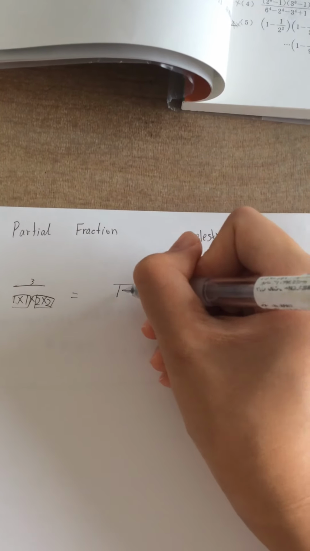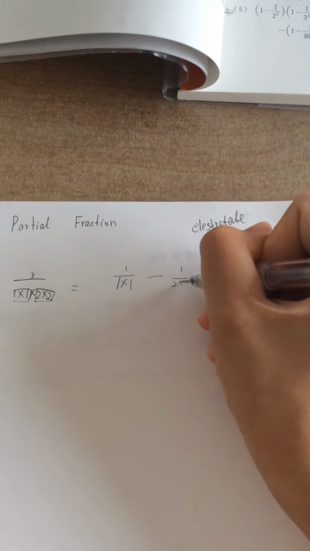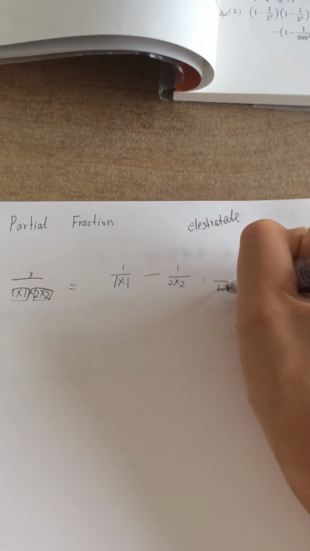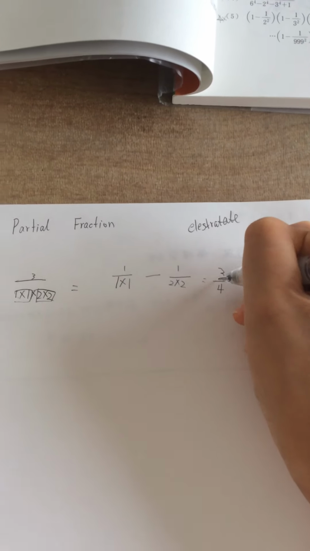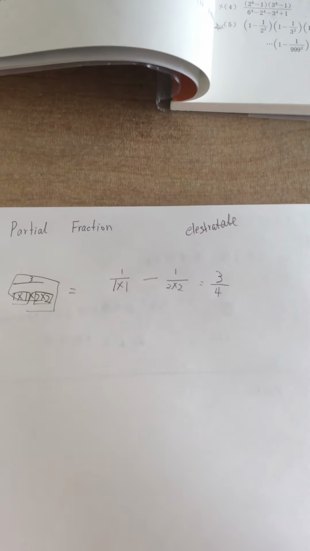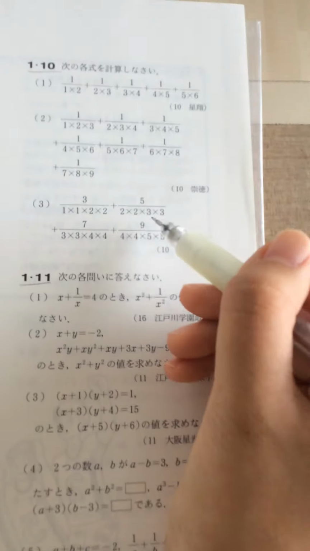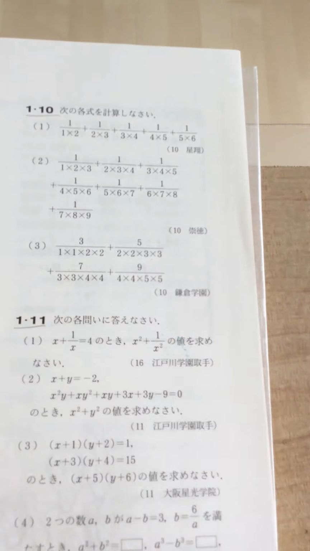to make an equation. So 1 over 1 multiplied by 1 minus 1 over 2 multiplied by 2. We can luckily find out this equals 3 over 4, which is exactly the numerator of this fraction. So we're lucky with the 3 and 5 and 7 and 9, all those numerators.